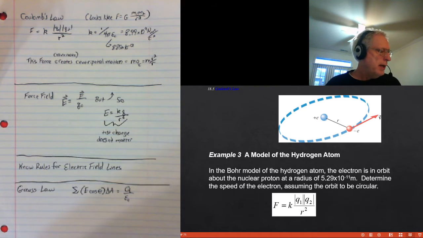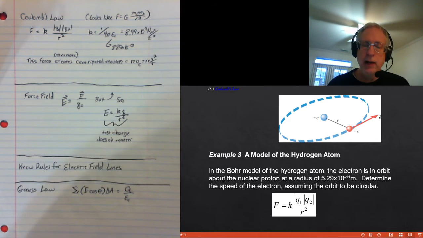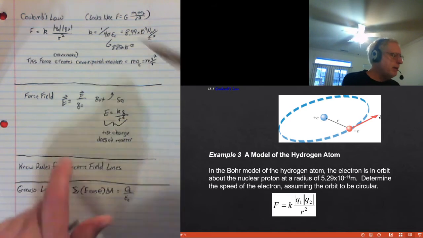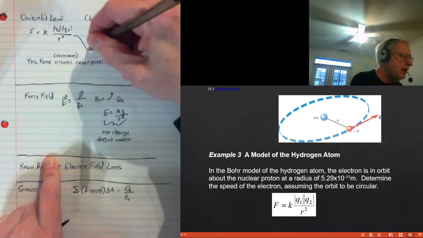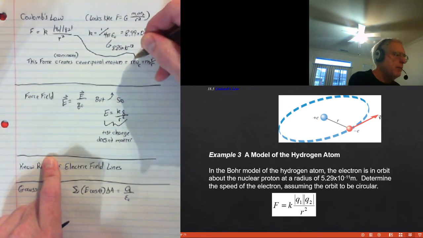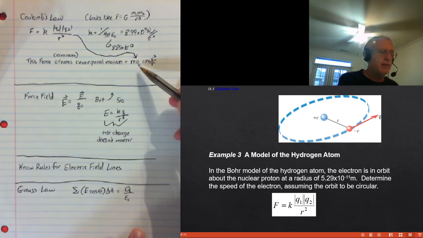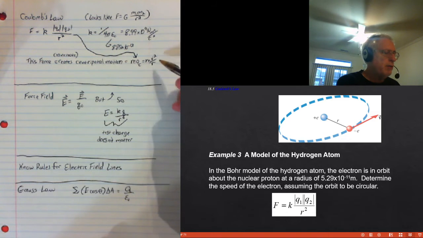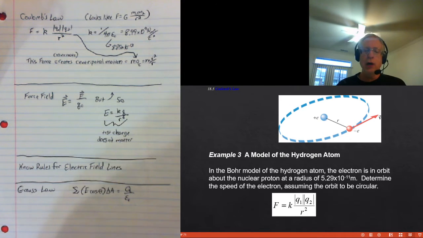It's a little bit of a trick, but you still need to remember other stuff. Force equals mass times acceleration, so I could write this whole thing as being equal to mass times acceleration. Since this is centripetal acceleration, it also equals v squared over r.